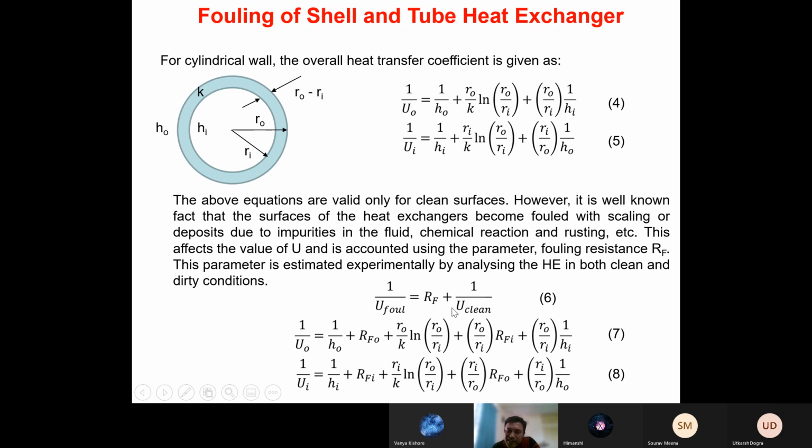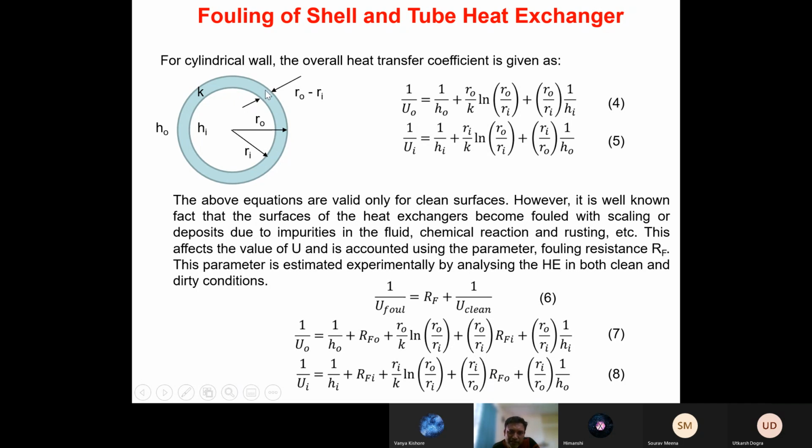And this fouling resistance is just added in the 1 by U0 expression like this. So 1 by U foul is given as RF plus 1 by U clean. Now depending on whether we are using the expression for U0 or Ui, that is added here. If you are using U0, it is given as 1 by U0 equals 1 by H0 plus RFO. RFO is nothing but the fouling resistance with respect to the outside surface.